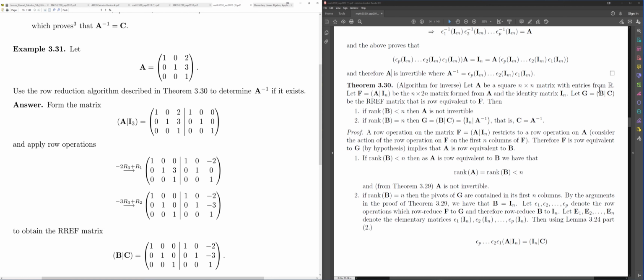If this matrix B is non-singular, so if the rank of B is equal to n, then you would have the identity over here.